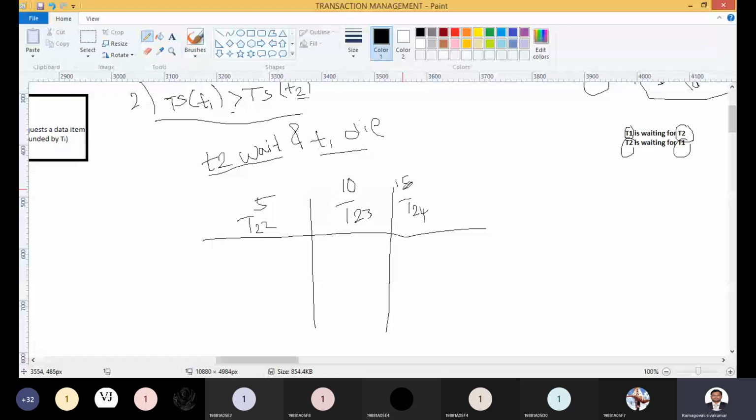Here the younger transaction is the latest one, T24. If T22 requests a data item held by T23, here X held by T23, then T22 will be in the waiting state.